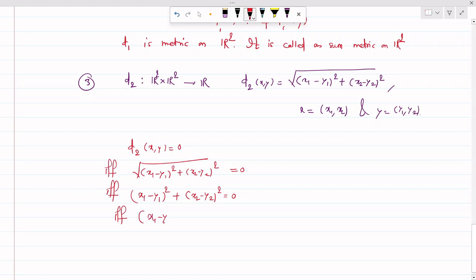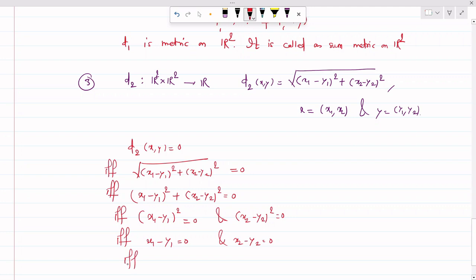So this is x1 minus y1 square equals 0, right? And x2 minus y2 square is also equal to 0. So that is possible if and only if the numbers are 0. So x1 minus y1 is 0 and x2 minus y2 is 0.